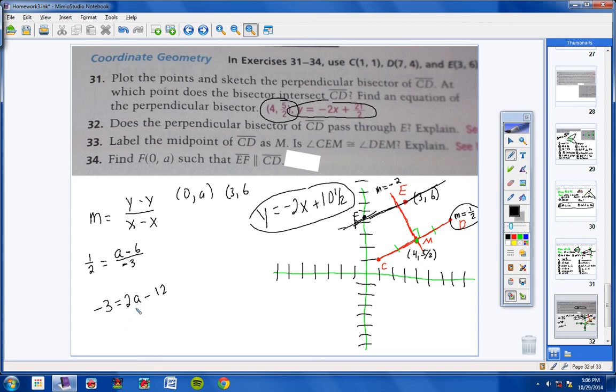Because 2 times a is 2a, and 2 times -6 is -12. Now, bring the -12 over, make it a positive 12. Okay, and we will get 9 equals 2a. Now divide both sides by 2, and we will get 4.5 equals a.